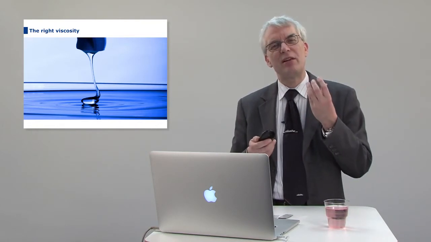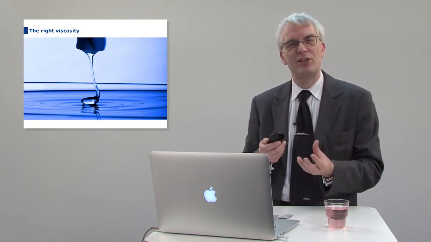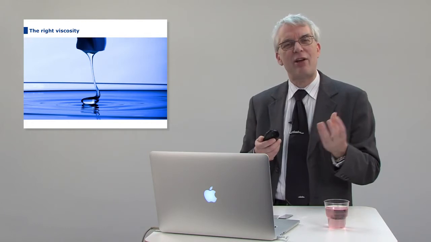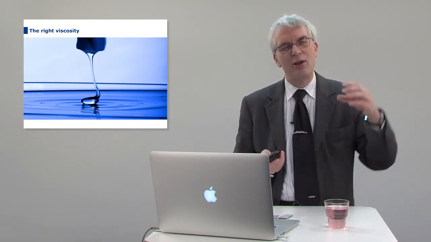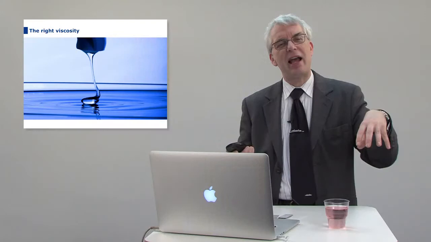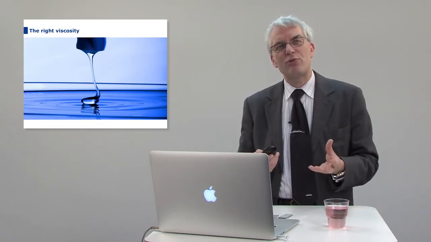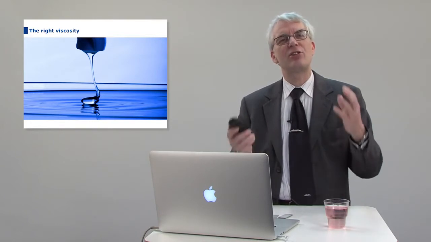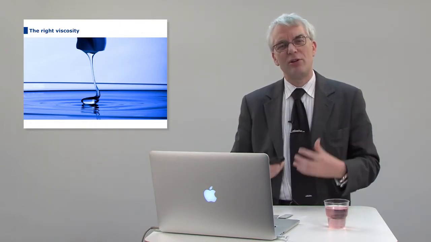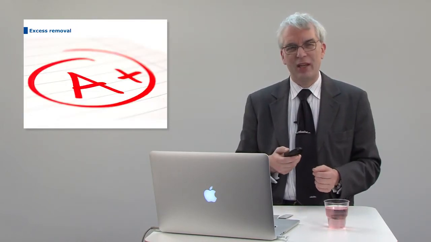We wanted PermaCem 2.0 to be stable in the crown but flowable when you seat it. And this is exactly what's happening. When you seat a crown with PermaCem 2.0, the cement will flow very easily out. And that allows also for very good wetting on the surface, which means a good reaction, a good retention, and a good reaction on the surface.